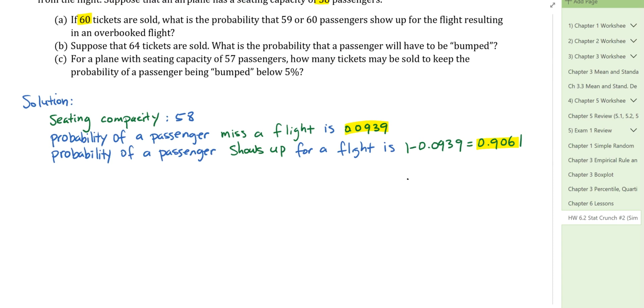So A, if 60 tickets are sold, what is the probability that 59 or 60 passengers show up for the resulting flight in an overbooked flight? Let me write down the information. We have 60 tickets, so n equals 60, where n is the number of tickets sold.